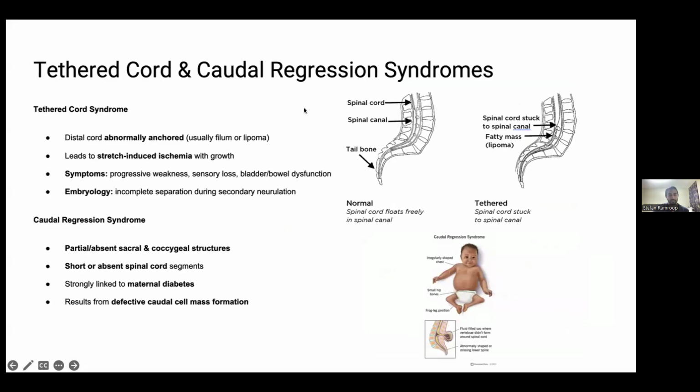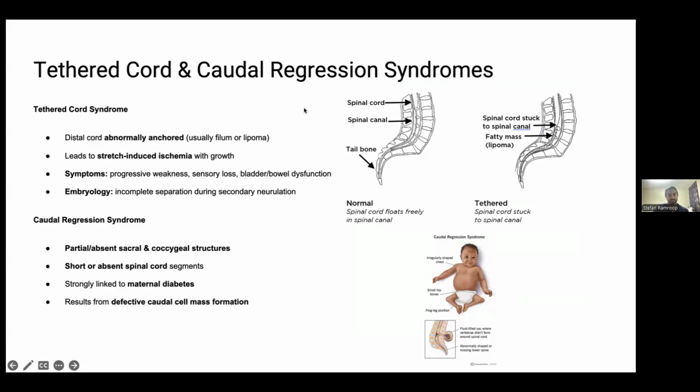So the final group of spinal pathologies involve secondary neurulation, the process forming the distal cord and the filum. So one, in tethered cord syndrome, the distal spinal cord becomes pathologically fixed, often by a thickened filum terminale or a dermal sinus or a lipoma.